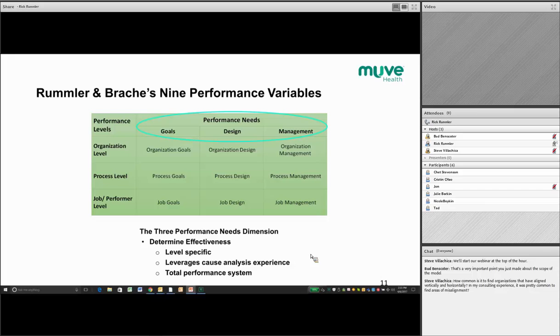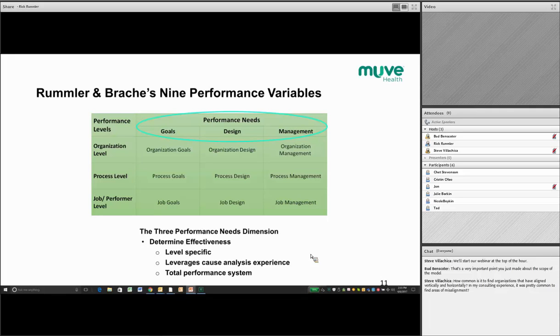You have to remember that Rick Rummler and Alan Brache were influenced by a lot of work doing needs analysis, and so they recognize that if there are effective goals is one of the key areas we look for. The most common barriers to effective performance at any level is going to be, is there clear understanding of what's expected? So that became one of the key focus areas here.